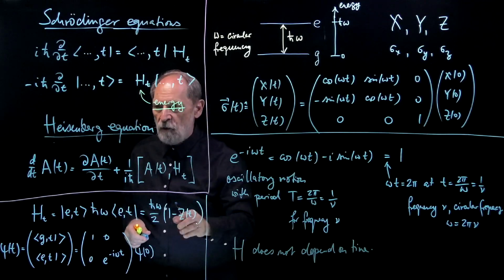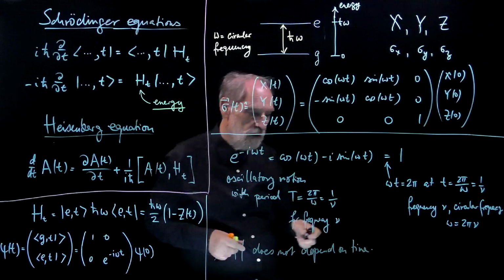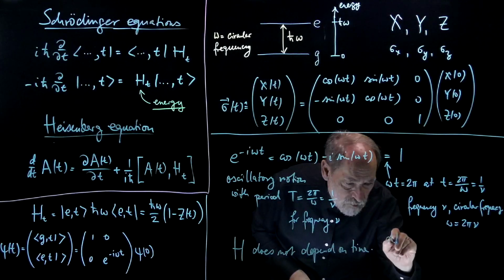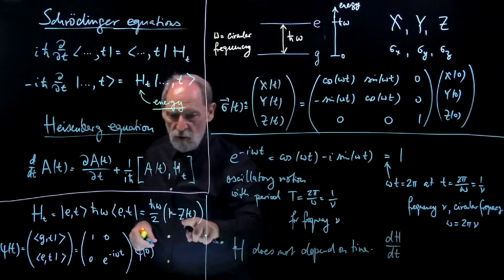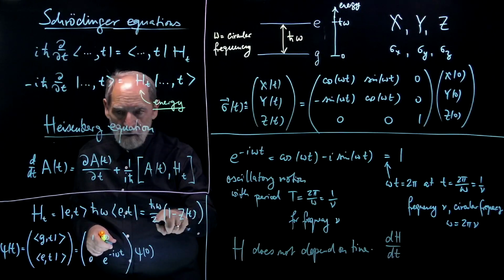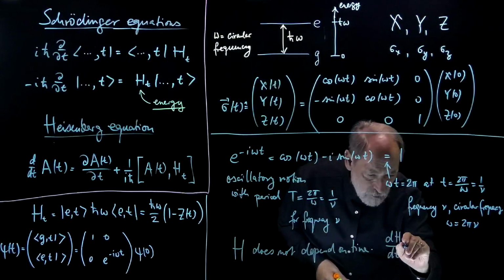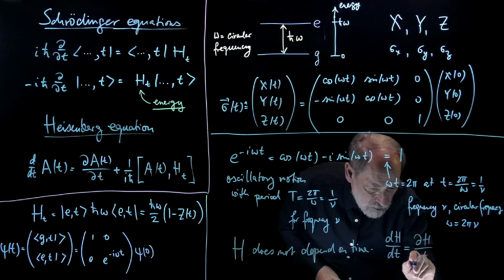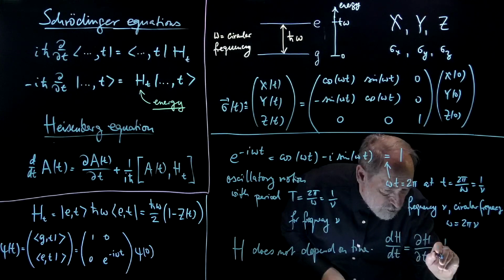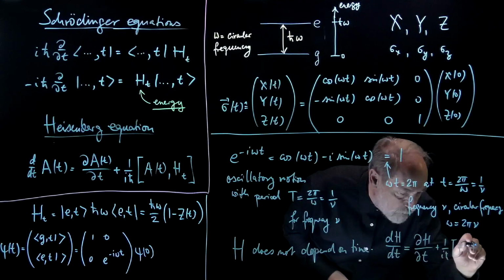Now, how does this square with Heisenberg's equation of motion that things should depend on time? Well, if we look at this Hamilton operator that we have here, it has no parametric time dependence. So there is no term of this kind. So in the general Heisenberg equation of motion, we have these two terms, 1 over i h bar, and then there is the operator and the Hamilton operator.